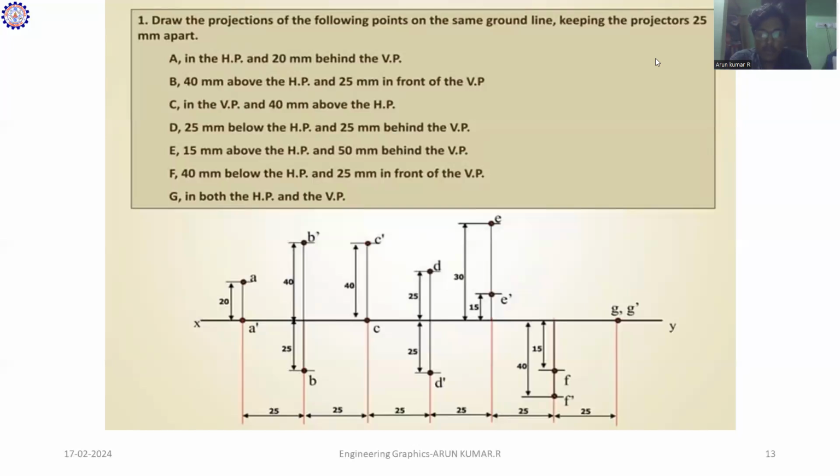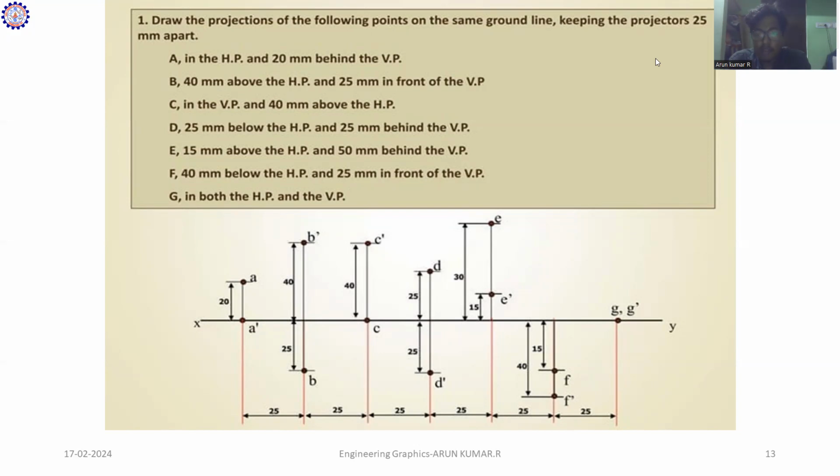Then move to the second point, B. B is 40 mm above HP and 25 mm in front of VP. So what key terms are we using here? Above and in front. Above and in front is the first quadrant, as we already saw in the previous lecture series.